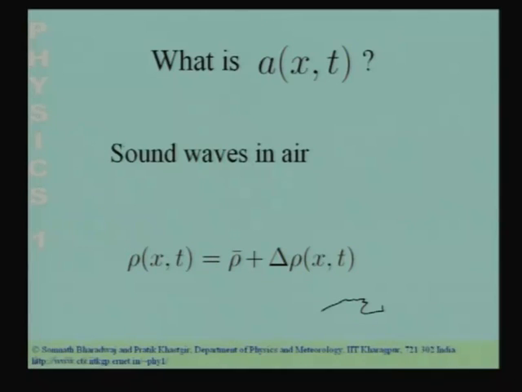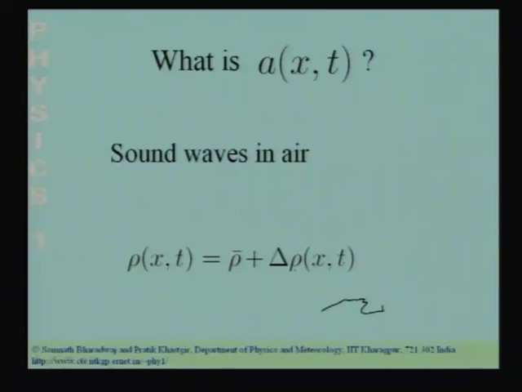Now, when you are discussing sound waves in air, A of x and t represents the fluctuation in the density. The variable is to be interpreted as representing the fluctuations in the density, delta rho. If rho is the density of the air, then A represents delta rho, the fluctuations in the density.